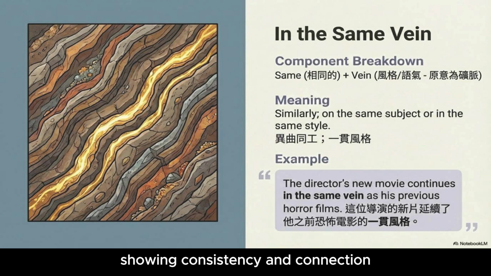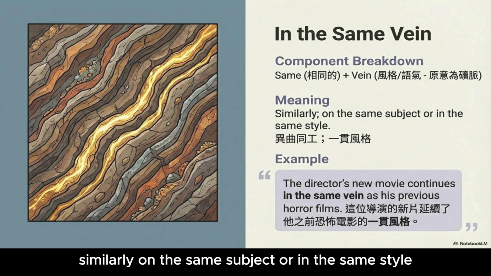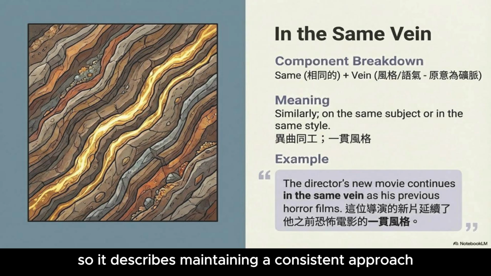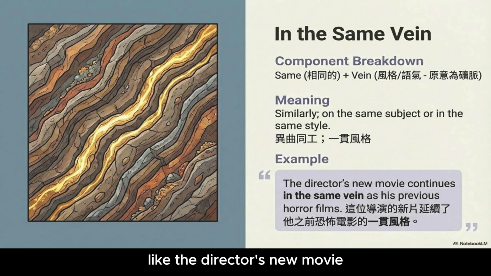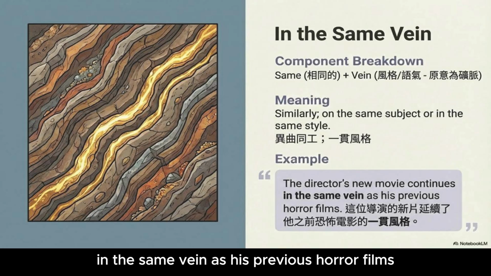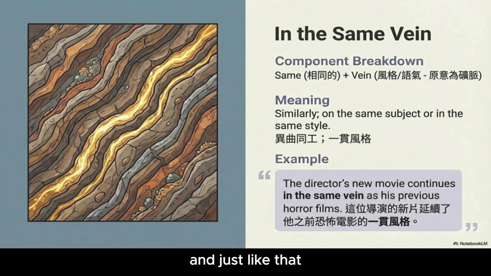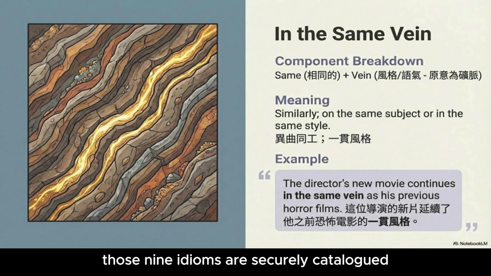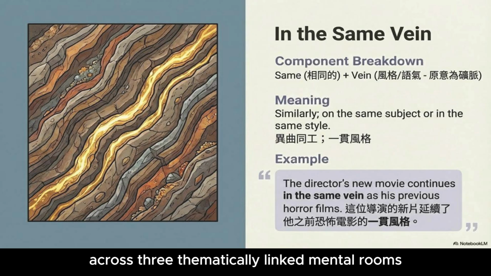So that visual, showing consistency and connection, delivers the modern meaning. Similarly, on the same subject or in the same style. So it describes maintaining a consistent approach, like the director's new movie continues in the same vein as his previous horror films. And just like that, those 9 idioms are securely cataloged across 3 thematically linked mental rooms.